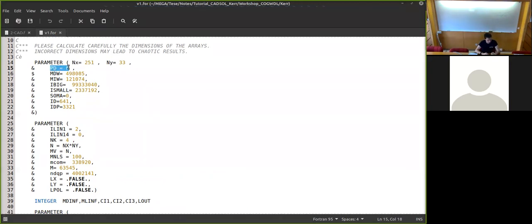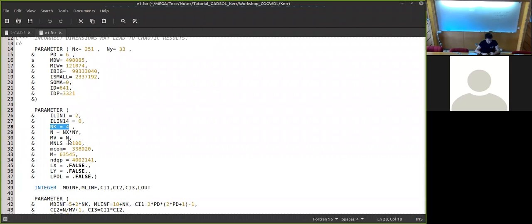This PD is the consistency order for the linear solver. Then this ILN1 is the solver that you want to use. It uses numbers to specify which solver it is. Then this NK is the number of equations that you have to solve.